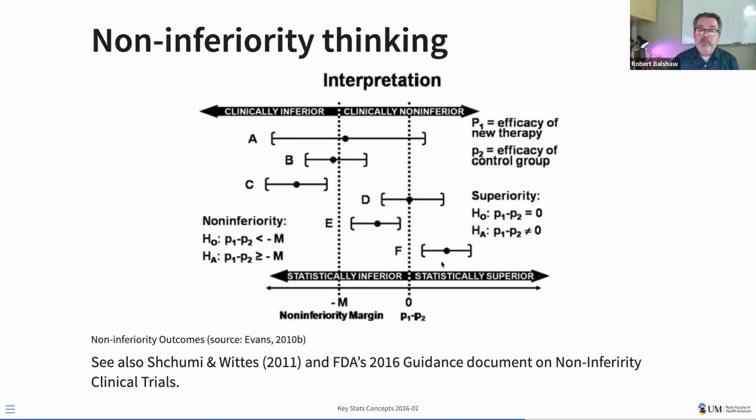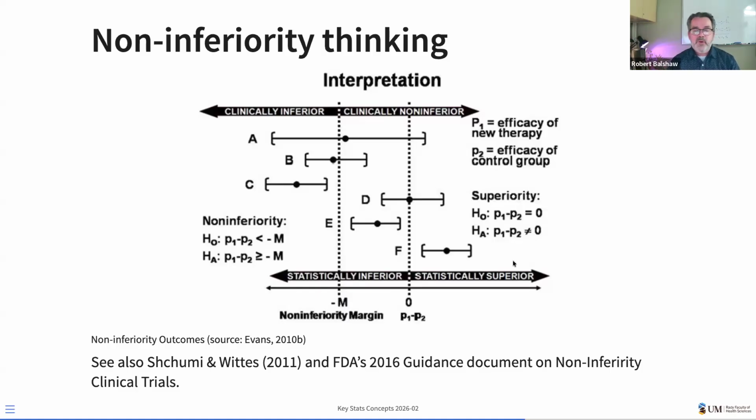Other times you end up demonstrating that the product is actually superior, and we happily conclude that we have shown superiority. Though if that is not the planned objective of the trial, that result is often couched in careful terms to say that, look, this wasn't intended as a superiority trial, it was a non-inferiority trial, though we have demonstrated superiority through the conduct.